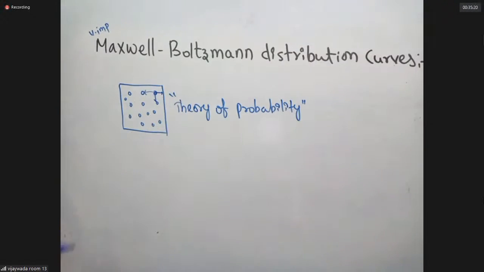If they consider 1000 gas molecules, how do they behave in the container? It is like 100 students in a class, how they behave in the class. Some students in the front bench or middle bench mostly won't talk, they will study always.